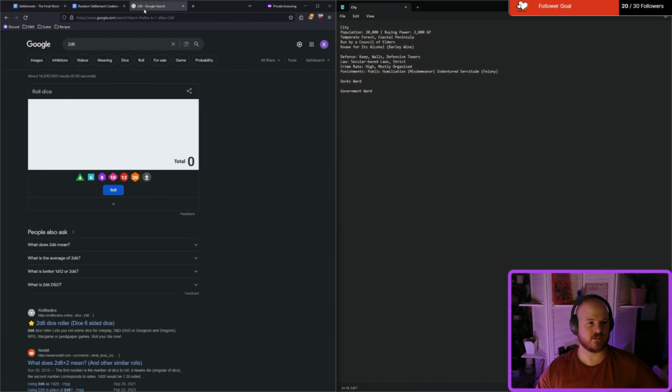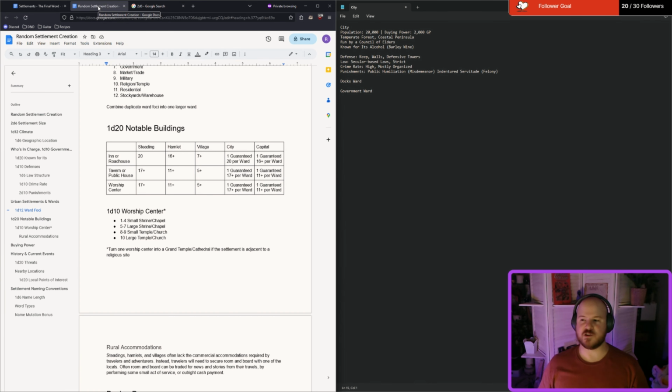Alright, so we're definitely going to have one. No, sorry, I'm kind of jumping ahead. So 1d20 notable buildings. So this is kind of based, again, off that medieval demographics made easy, where we kind of look at where there are inns or taverns or public houses.